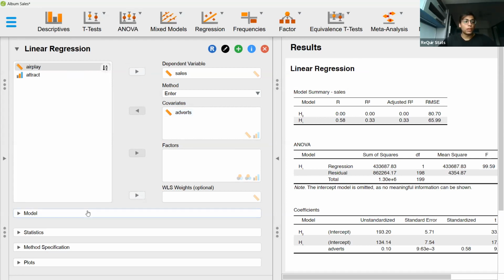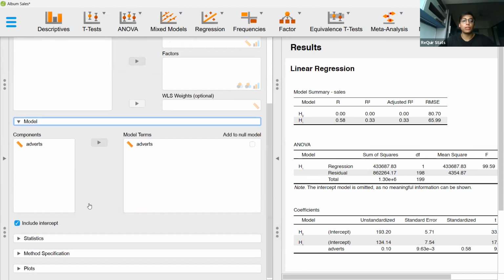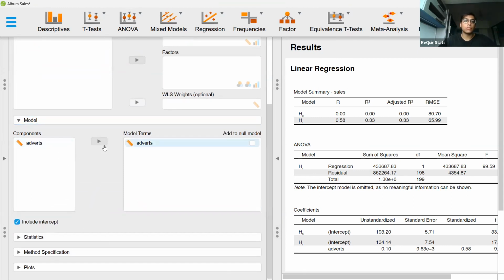If you go in the model drop-down menu, you will see certain options which you can put. In univariable regression, there is nothing much to add or modify. Okay. In multiple regression, you can play around with model components. You can add interaction terms, which is a subject for another session, not to be talked about today.